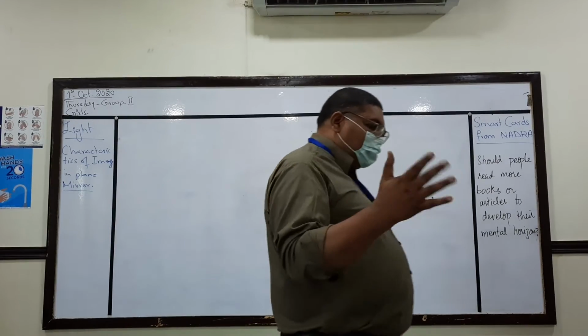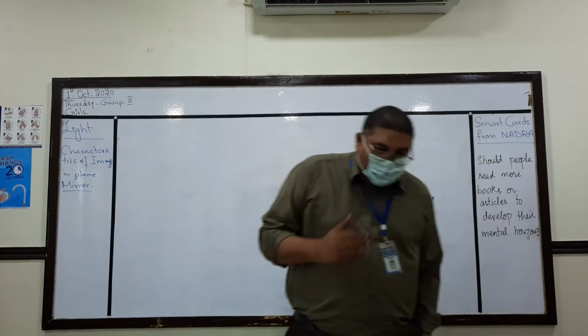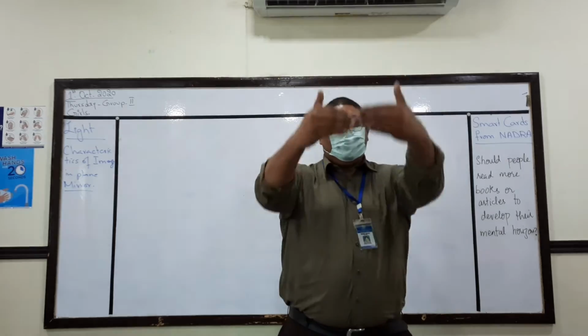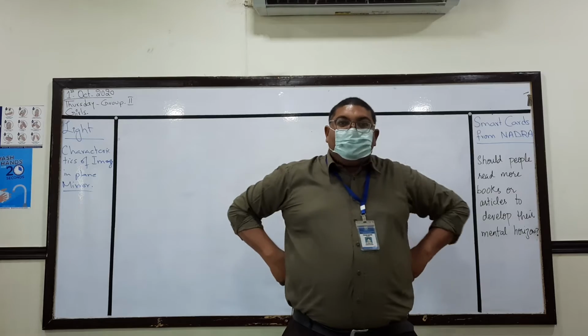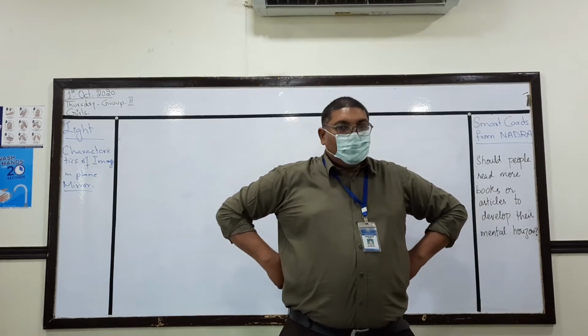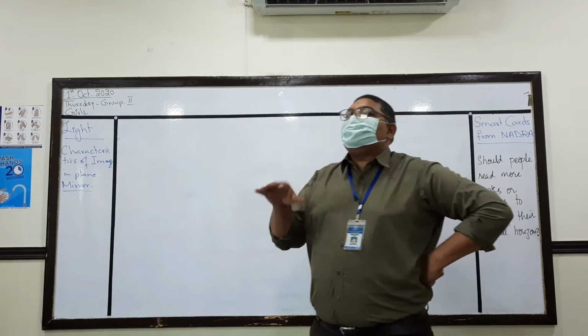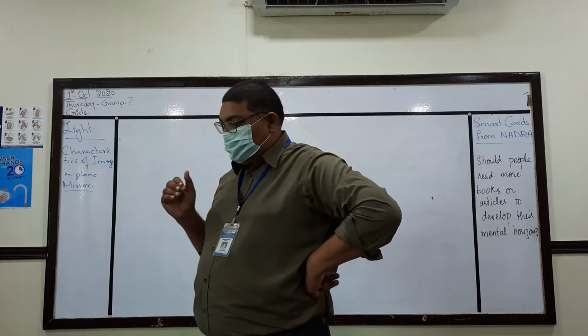When you come in front of a plane mirror, for example, if I am standing here and here is the plane mirror, and I look at my image, we are going to study the characteristics of that image.